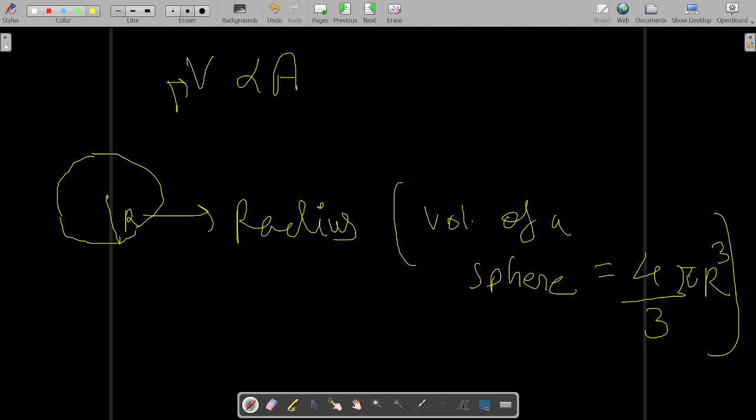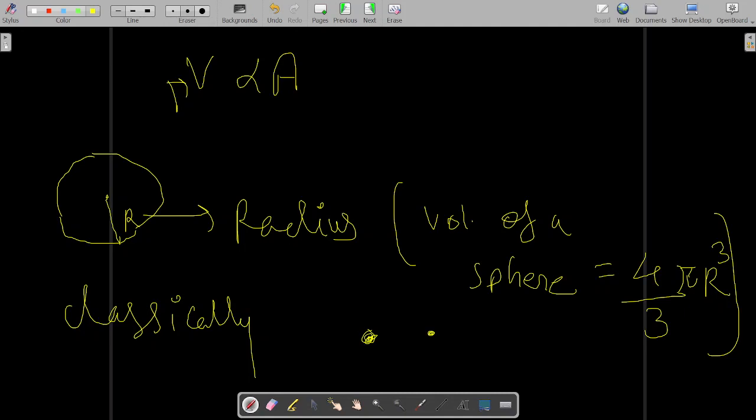We are thinking classically right now, so consider the nucleus to be a very small sphere.